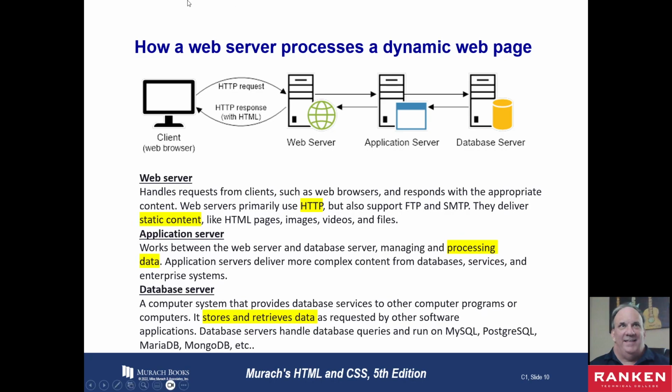That would go to the database. The database would return that information, and the application server would build the HTML page with that dynamic data and send that back to the web server, and the web server then would send that HTTP response back to the client. Okay.